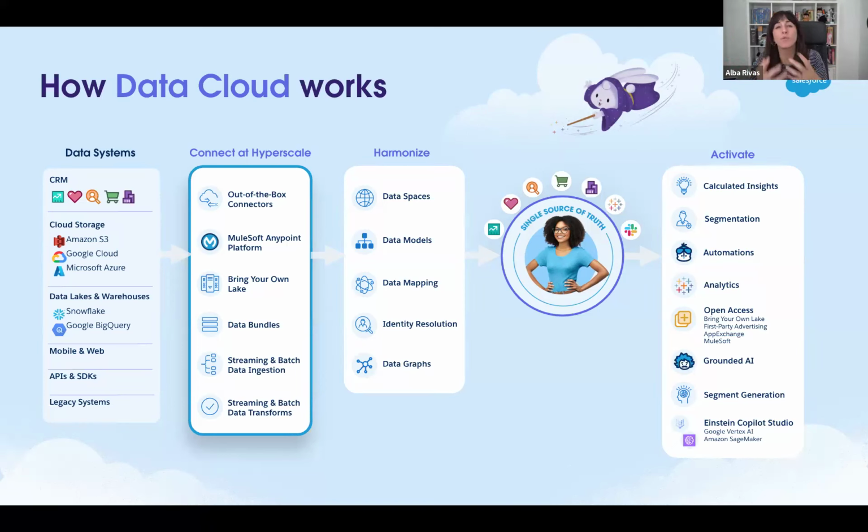You can define rules that say, if the name in this system is different from this one, I want to pick this one because this one has more priority. Or you can define even more complex logic to help it decide how to harmonize the data. And it creates a unified individual record that contains data from all the different systems.